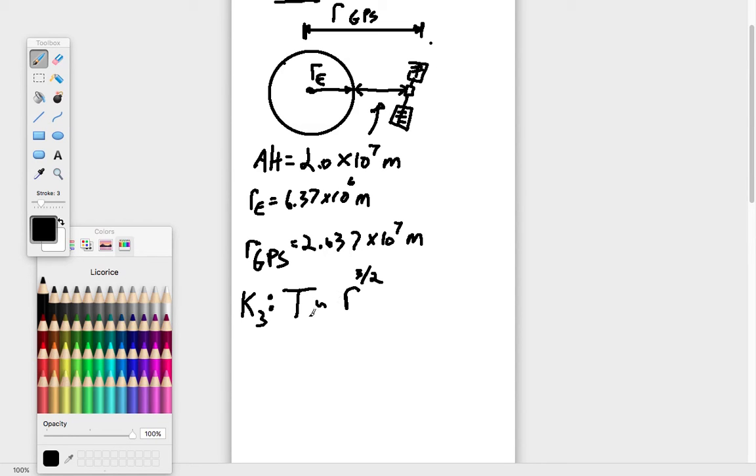If you plotted the orbital period against the square root of the cube of the radius, you would get a straight line for all the planets in the solar system. Well, that's going to work for this too. This works for the solar system with the sun at the center, but it'll work for a GPS satellite in orbit around the Earth as well.